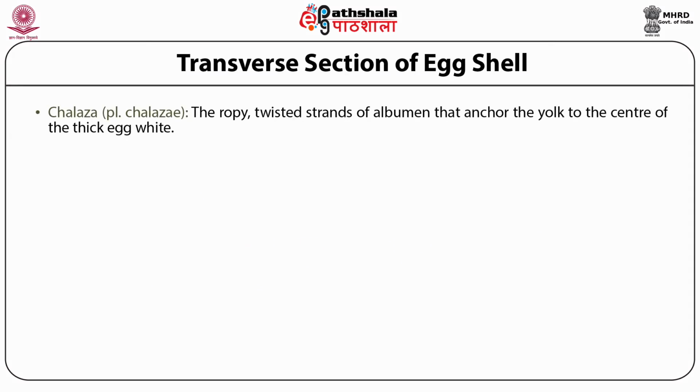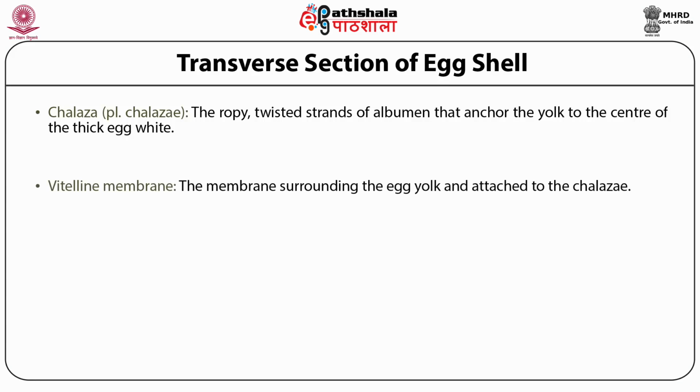Chalaza, the ropey, twisted strands of albumen that anchor the yolk to the center of the thick egg white. Vitelline membrane, the membrane that surrounds the egg yolk and is attached to the chalaza.